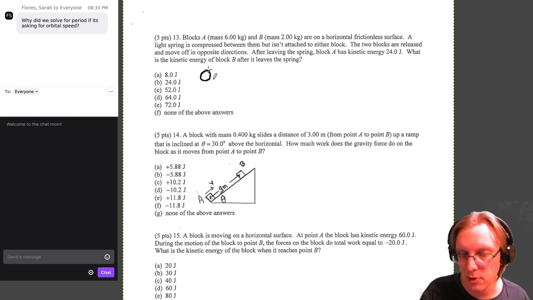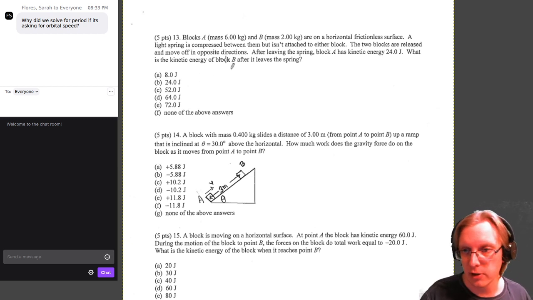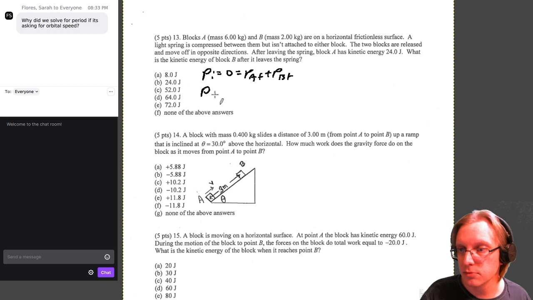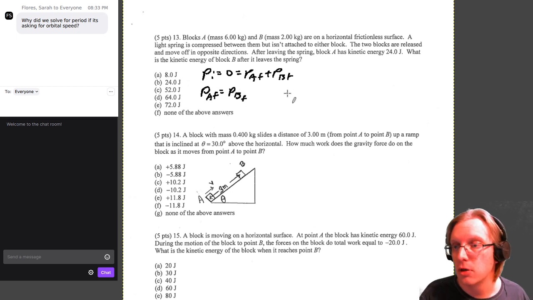Initially, let's start off with P initial is equal to 0, which is equal to P A final plus momentum of B final, which means that momentum A final is equal in magnitude to momentum B final.